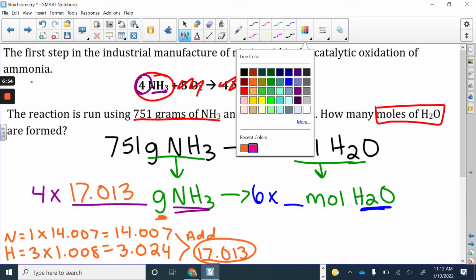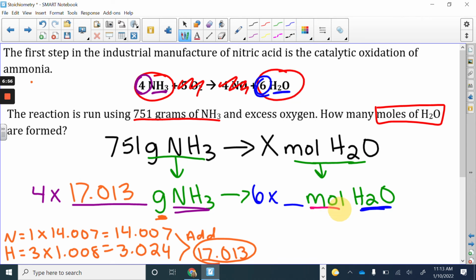Now, over here, you have moles. Moles is always 1. Go ahead and do our math. So we'll do 4 times 17.013 to get 68.052. I'm going to mark this out because I don't want to get confused with any of the extra numbers. 6 times 1 is 6.